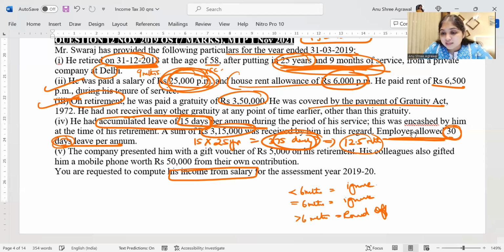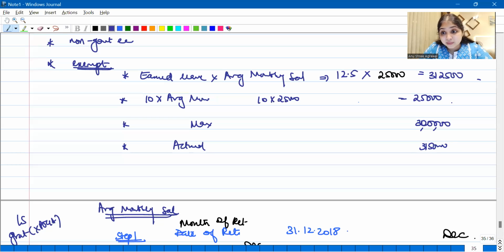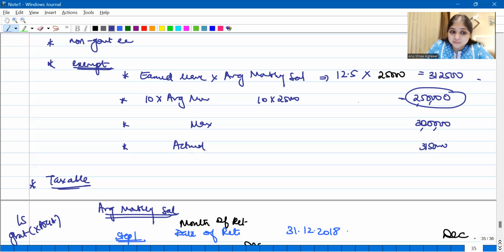Okay, so out of these numbers, I'm supposed to pick whichever is lesser. Whichever is lesser is exempt. So 2,50,000 is going to be exempt. So therefore, what will be the taxable leave salary? Received minus exempt. I received 3,15,000, out of which 2,50,000 is exempt.